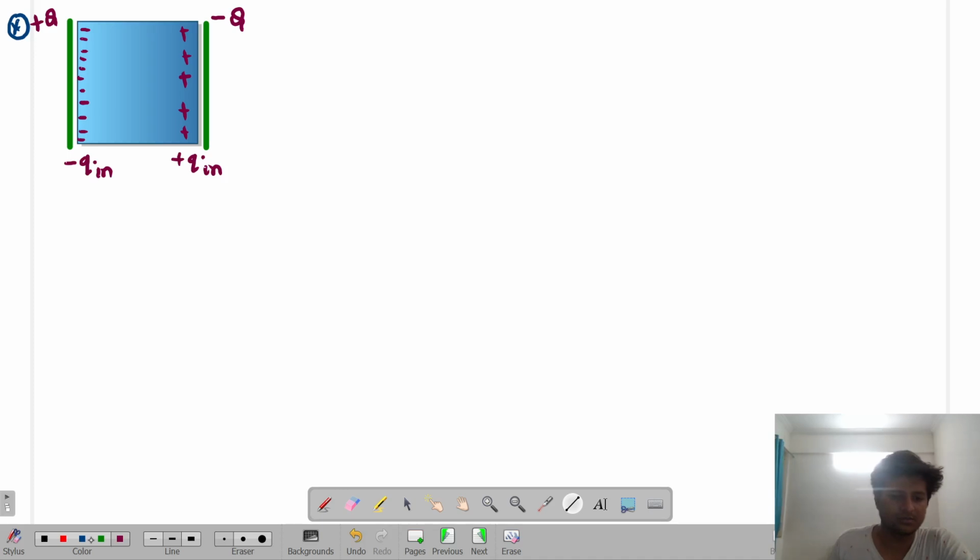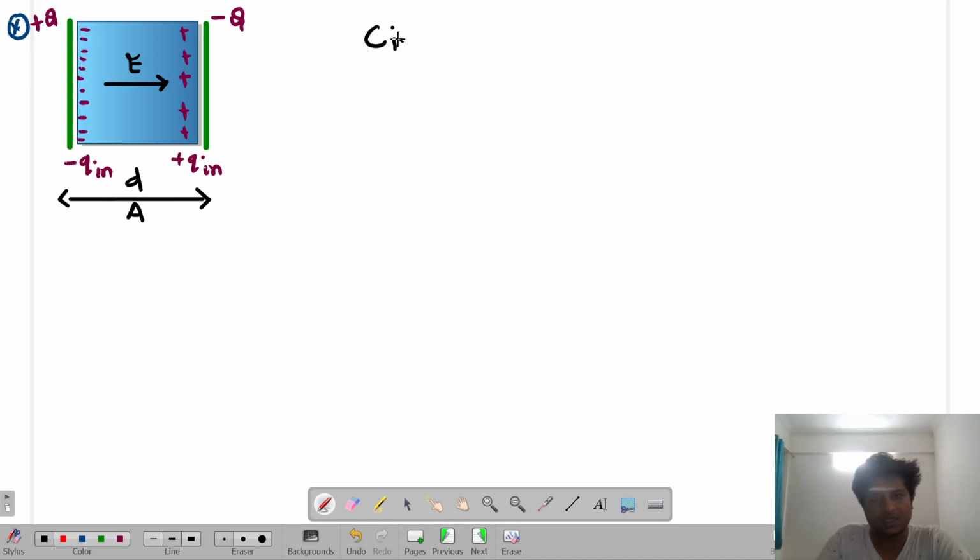Then still my net electric field is in the forward direction, and let's suppose the distance between the plates is D and the area of the plates is A. Then C initially, without dielectric, was how much?